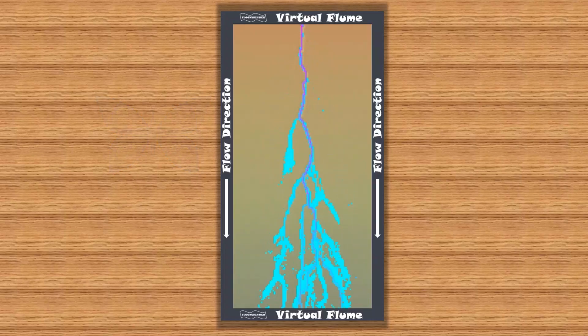To demonstrate this, I built an experimental flume using the landscape evolution model CAESAR-Lisflood. This flume is going to simulate the flow of water over the surface and how that induces the geomorphology processes of erosion and deposition, and how those create and change rivers.